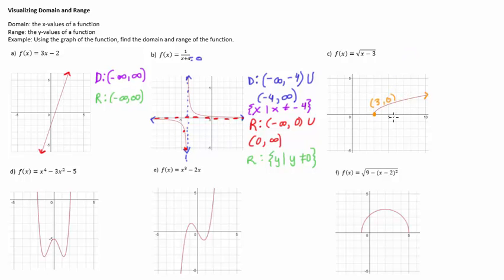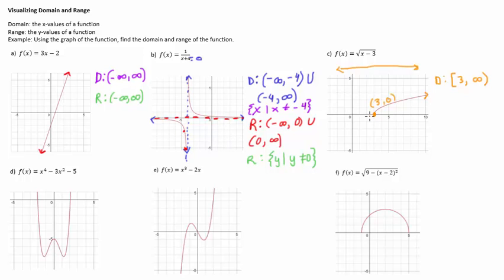So what that means for our domain, because remember our domain is x and goes from left to right, is that we don't have any x values until we get to this x value of 3. So our domain is from 3 to positive infinity, and we would put a bracket around the 3. The reason we do that is our function actually is equal at 3.